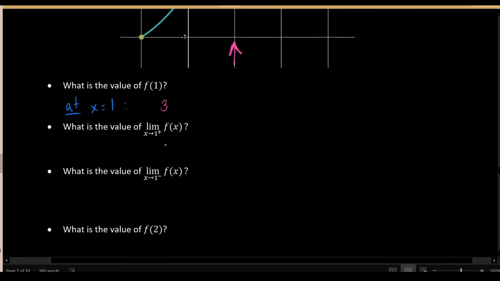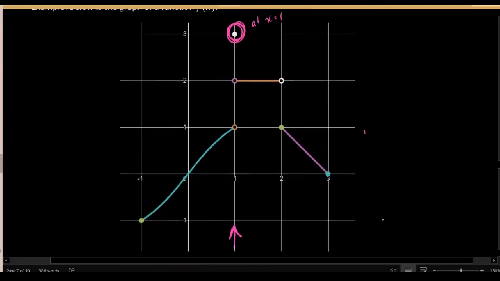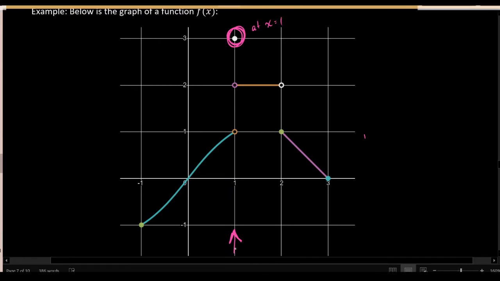What is the value when we approach x equals 1 from the right side? So x equals 1 is right here, indicated by the pink arrow, and I'm going to approach x equals 1 from the right side.